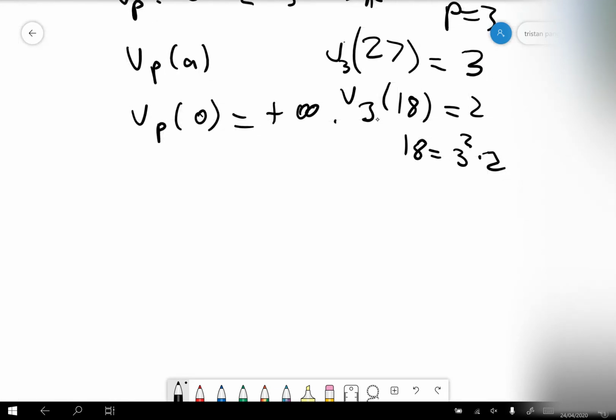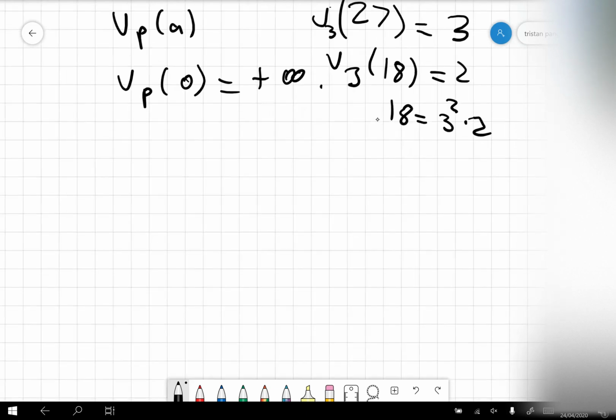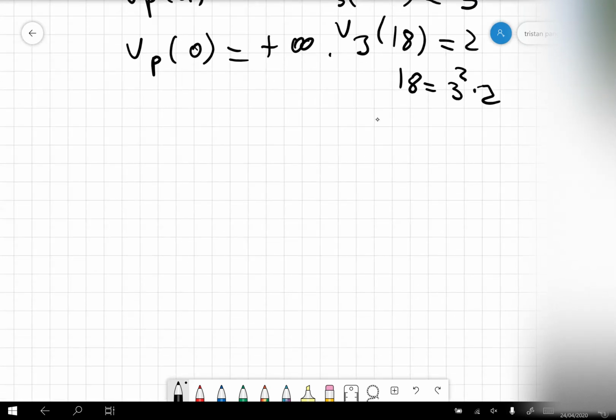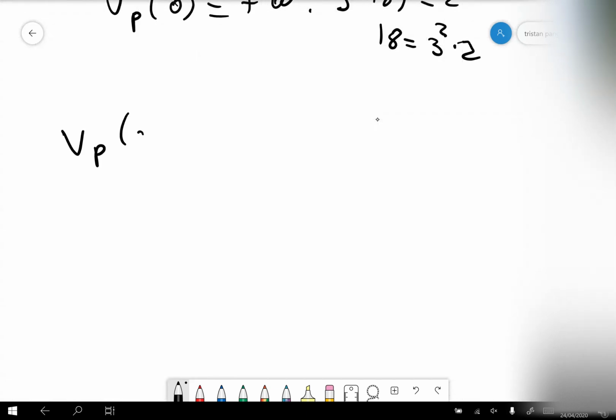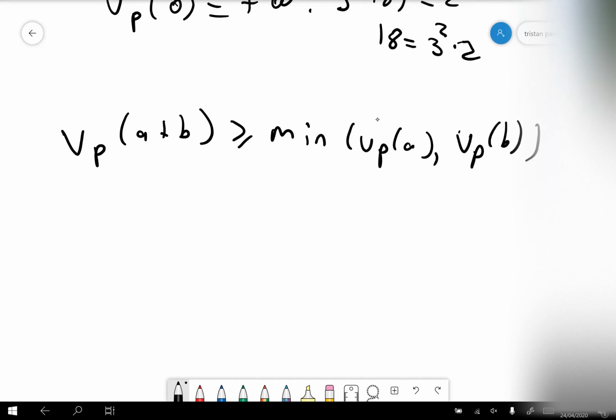And furthermore, we can give some properties about the valuation. The valuation of the sum of two things is bigger than or equal to the minimum of the valuations of the two things we're adding together. To prove that, we can just look at the powers of the number.